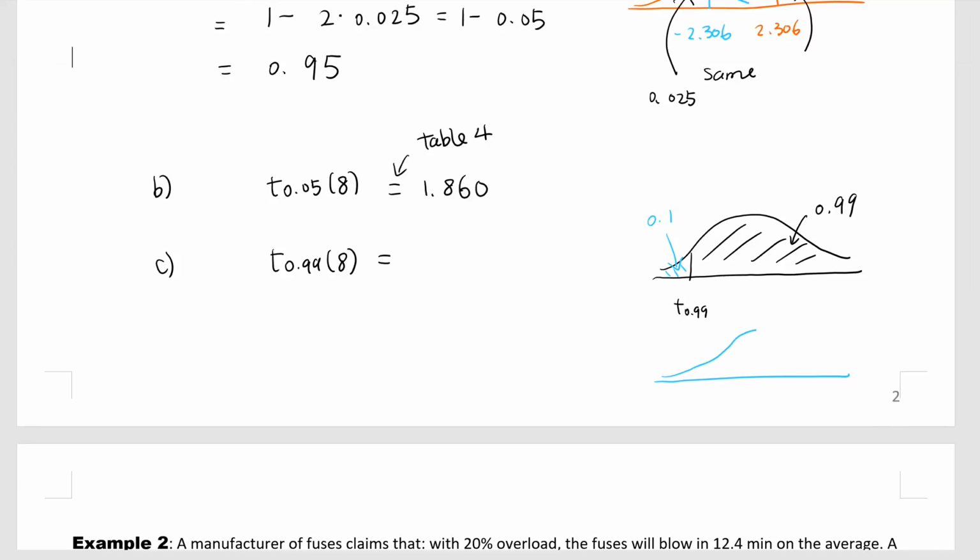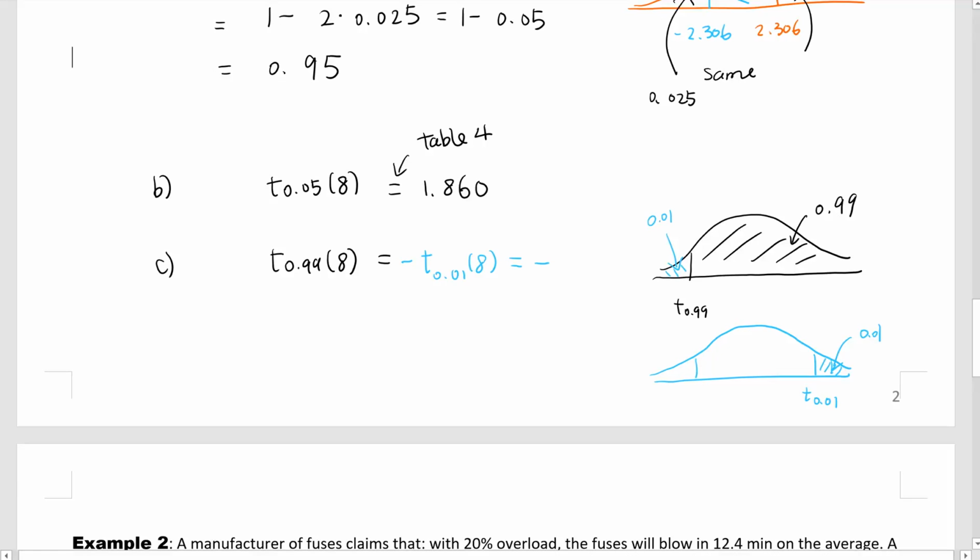Because we know it's symmetric, this guy is the negative of this guy. So this is t alpha, where alpha is 0.01. So actually t.99 is negative t.01. The degree of freedom is 8.